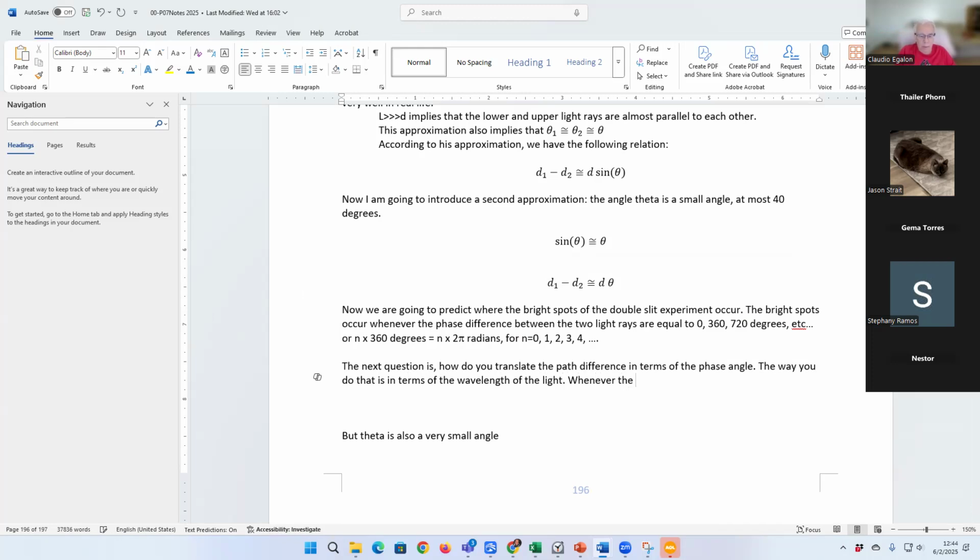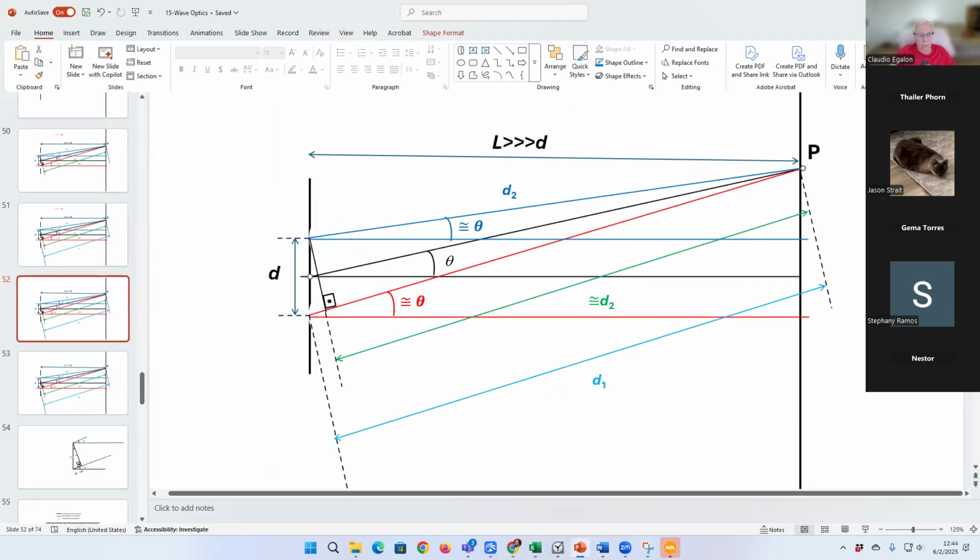Whenever the path length difference is equal to a multiple, an integer, of a wavelength, then we have constructive interference, right?